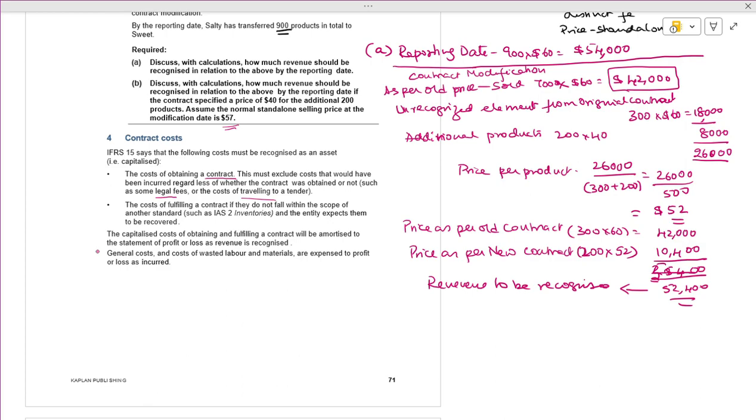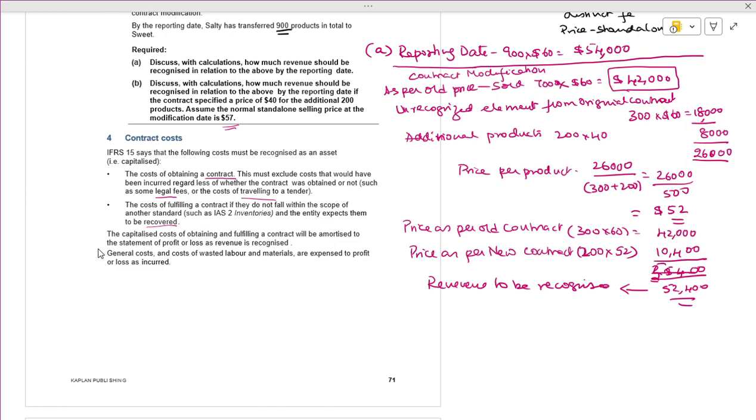The cost of fulfilling a contract, if that doesn't fall within the scope of another standard such as IAS 2, the entity expects them to be recovered. It is not falling within the scope of the other standard, such as inventory.